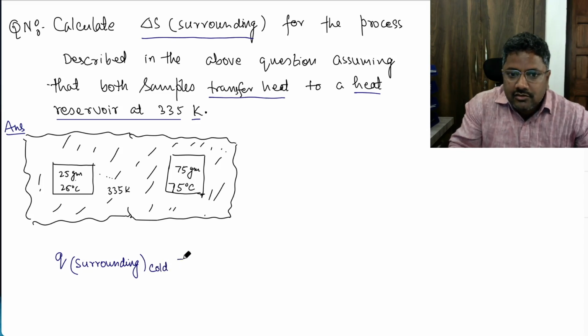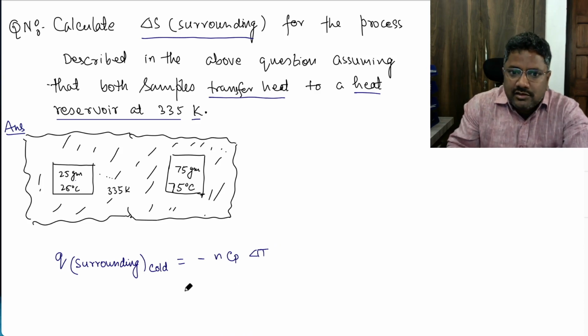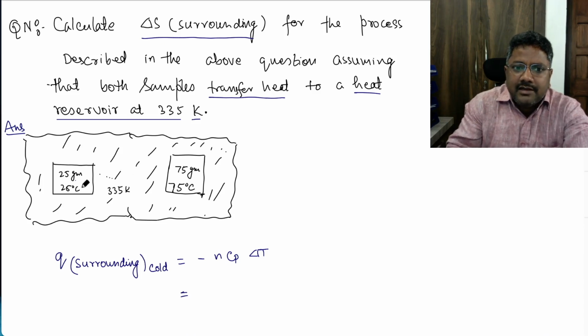Cold means this 25 degrees Celsius. So first we have to write the formula, n Cp delta T, right?